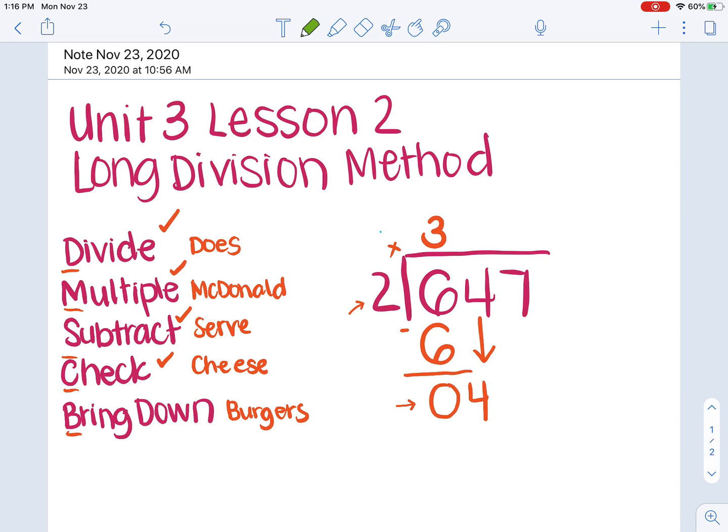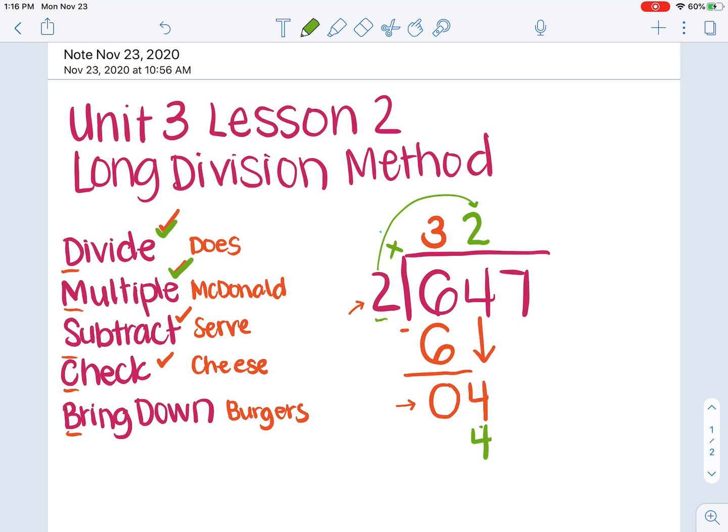First, I'm going to divide. 4 divided by 2. How many can I get in 2 equal groups? Sometimes I think, how many times can 2 fit into 4? Well, 2, 4 fits in 2 times. Then I'm going to multiply. 2 times 2 this time is 4.